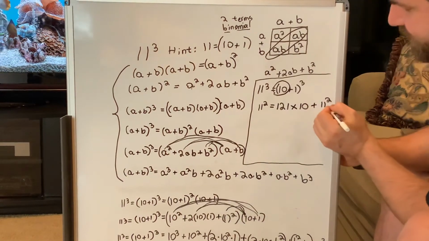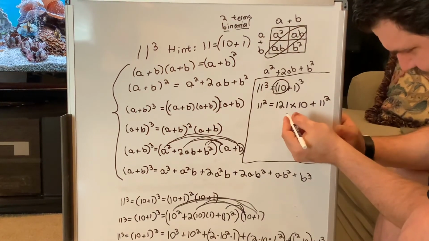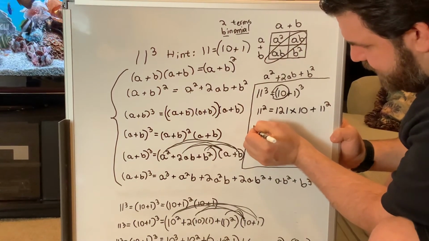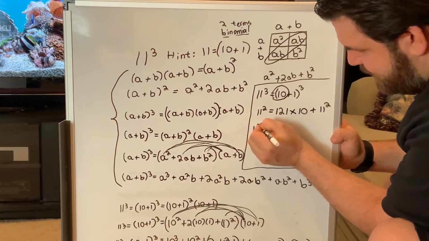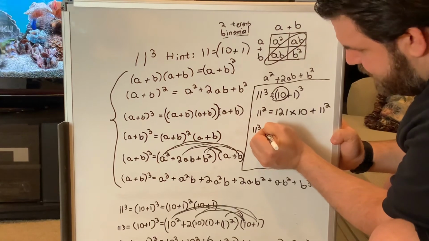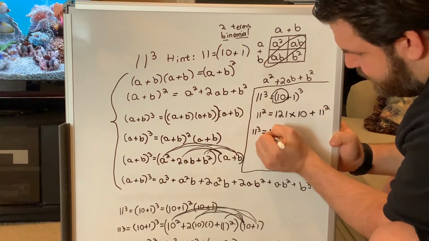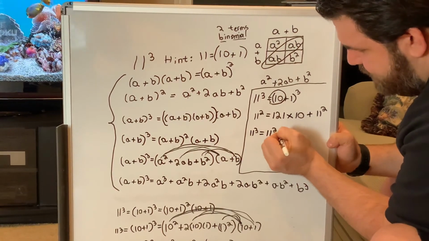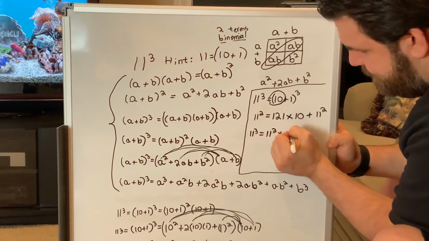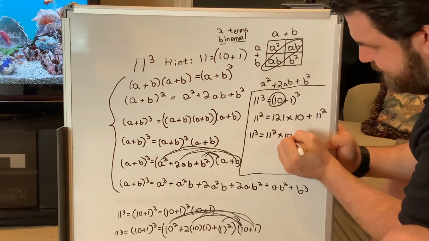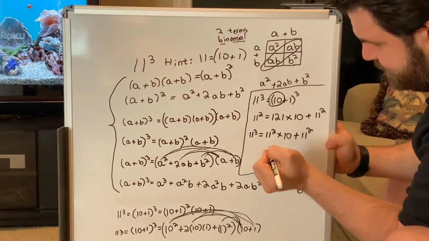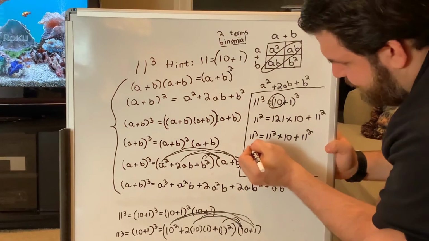So let's walk through this. Remember, 11 squared is 121. So when we walk through this again, so you understand what she's come up with. She's saying 11 cubed equals 11 squared times 10 plus 11 squared. Is she right? Well, let's see.